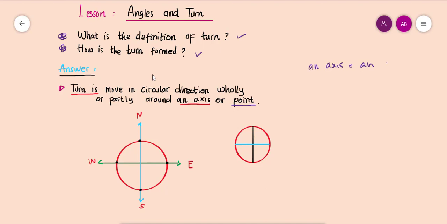an imaginary line. Okay, an axis is actually an imaginary line that is set up based on benefit.